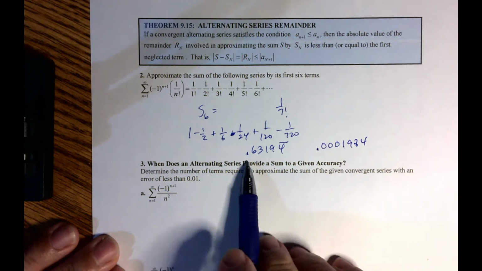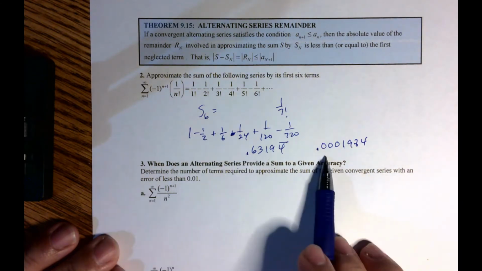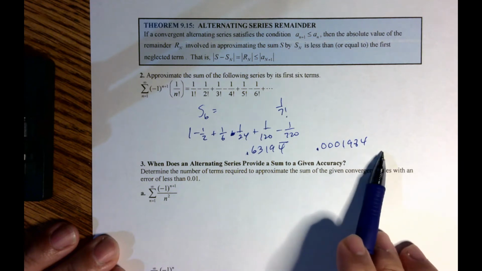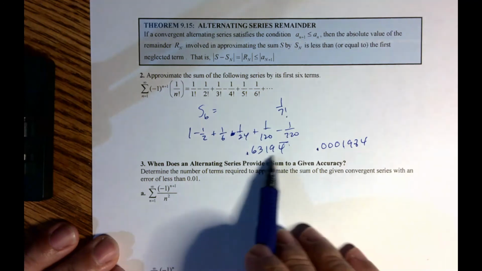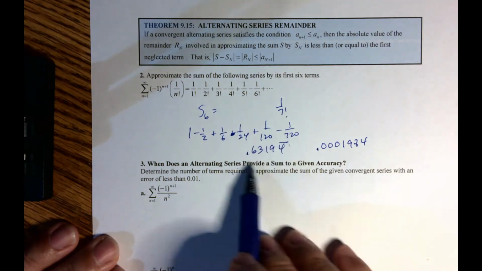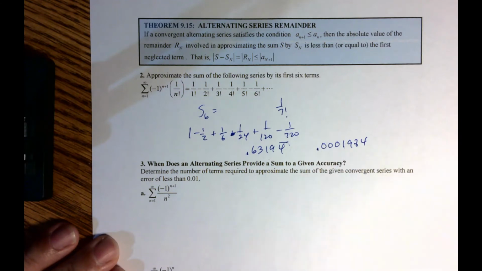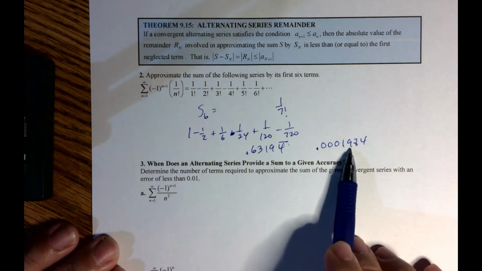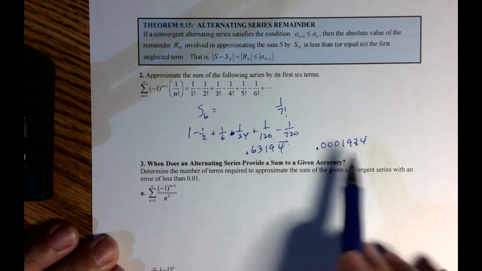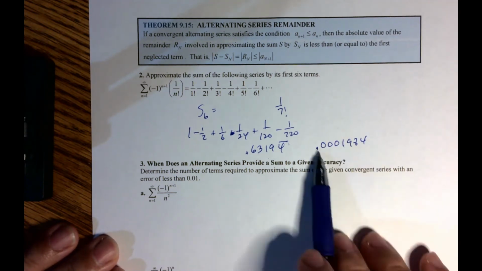So this sum, which is S6, is off by this much at most. That's what this is saying. Okay, we don't know exactly how much is off, so you can't say, oh, just include that and that's the actual sum. No, because then it'll be off by the 1 over 8 factorial if you include that, right? So this is at most the error.